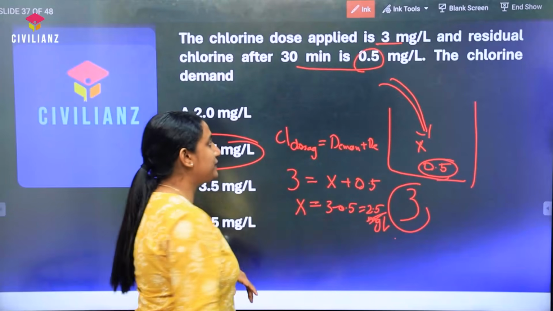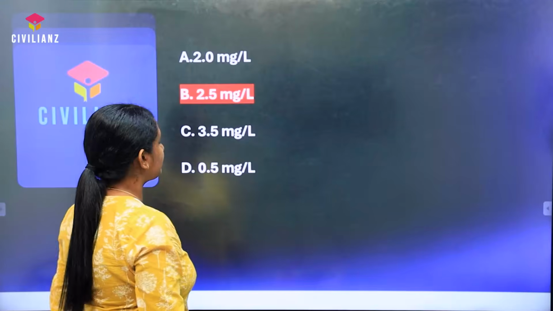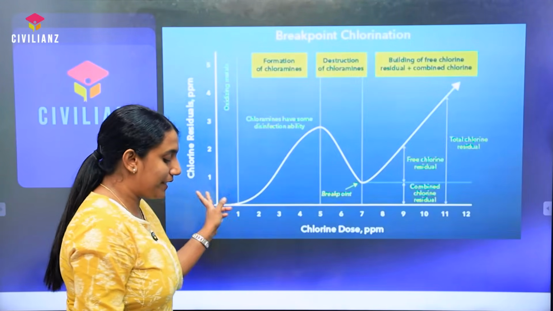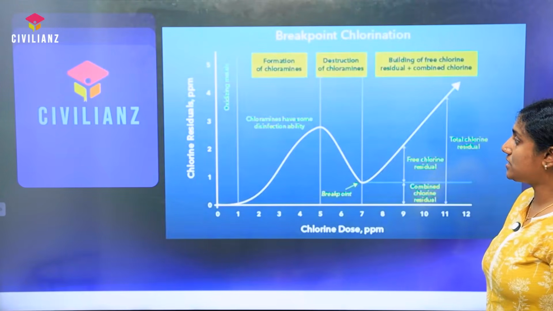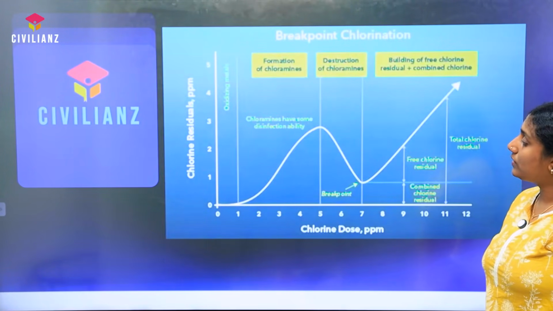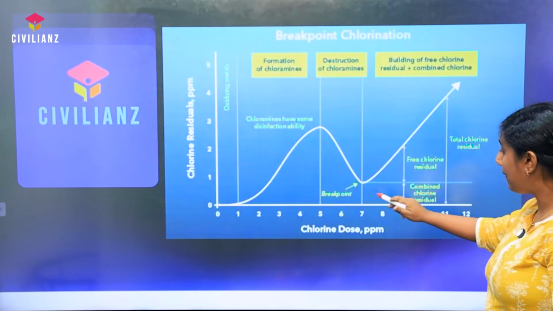Okay, it's a very simple question. There is a graph indicating our values. This is the formation, and the breakpoint happens here.